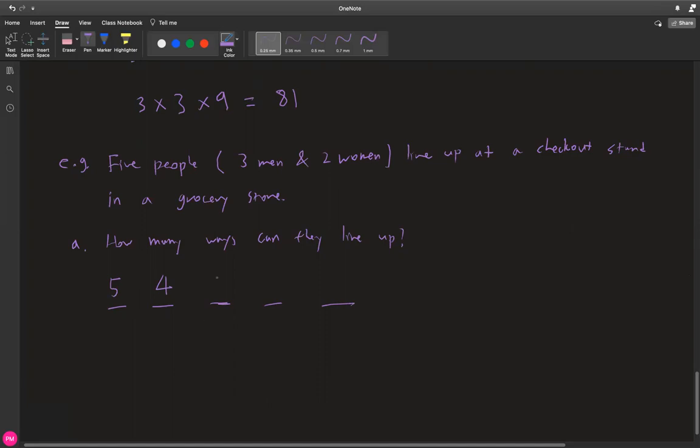And for the third place, we have 3, 2, and 1. And simply by multiplying them all, it's 120. And as you can see, this is also the same as 5 factorial.